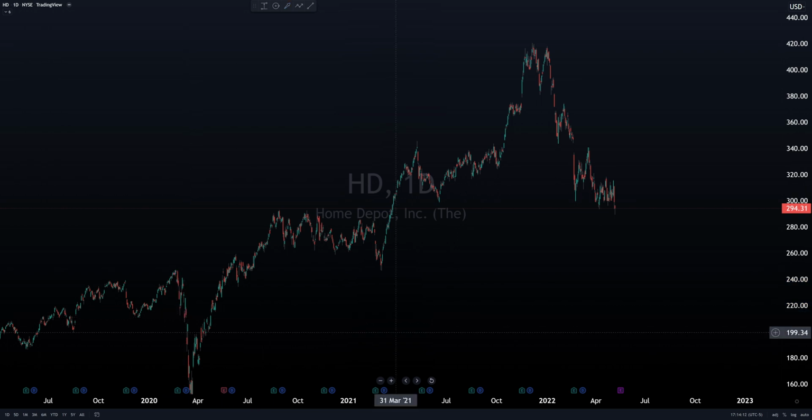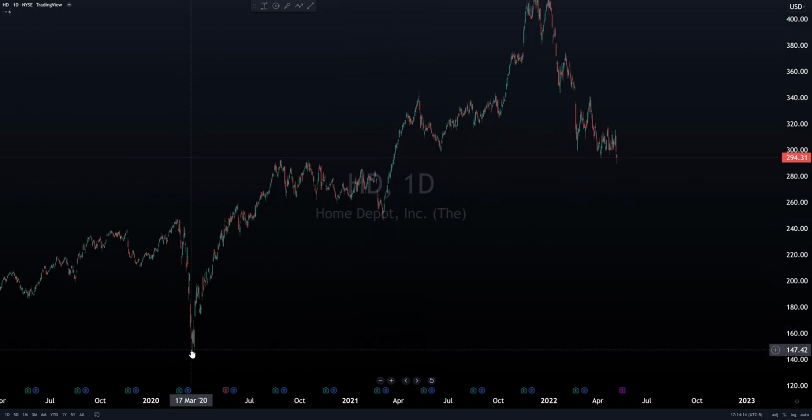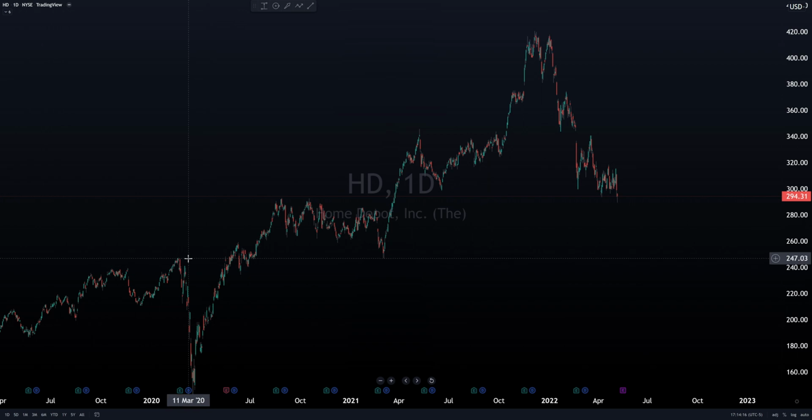The pullback was incredible. And so we have to take this very seriously. Even though we had COVID news that drove this, the pullback off this level created a resistance point. So the next time that we break above it and hold above it, we can use this as a strong support.